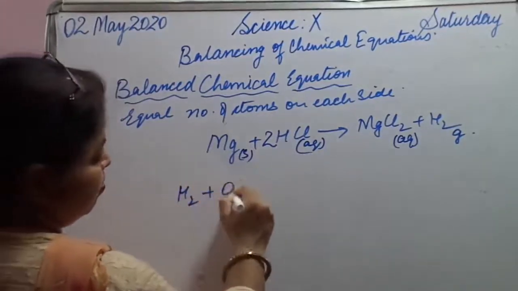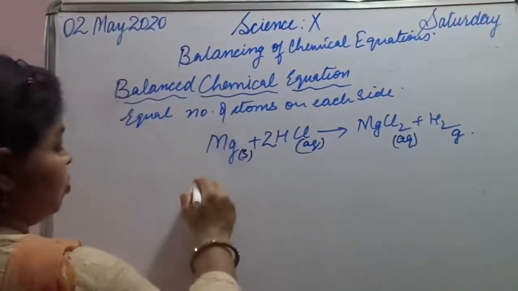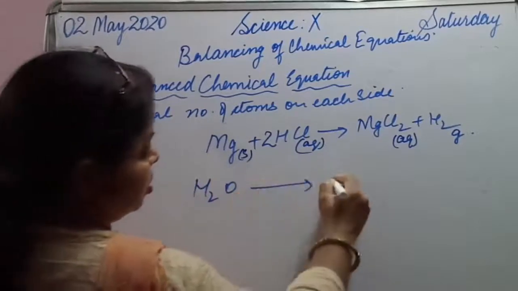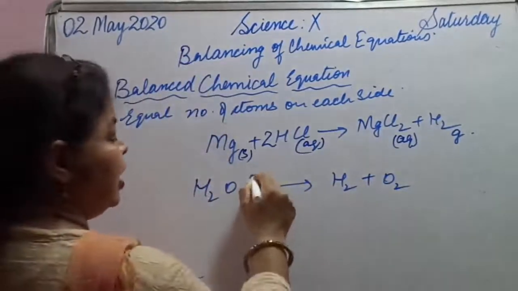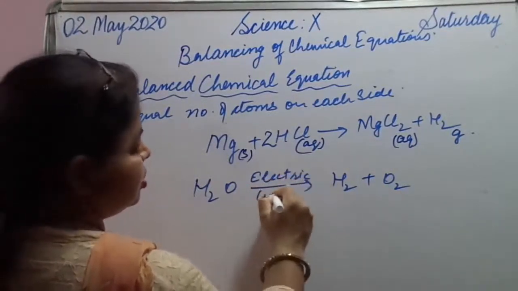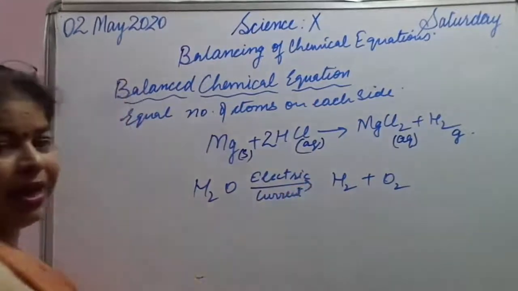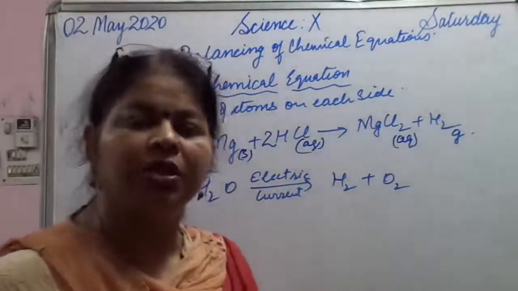For example, H2O gives H2 plus O2. How will it happen? We will write here electric current. So this is the condition. We can write over here the pressure or the temperature at which the reaction is being conducted.